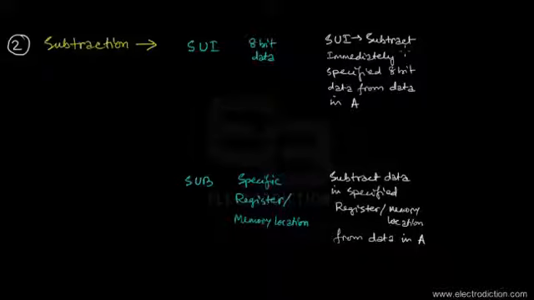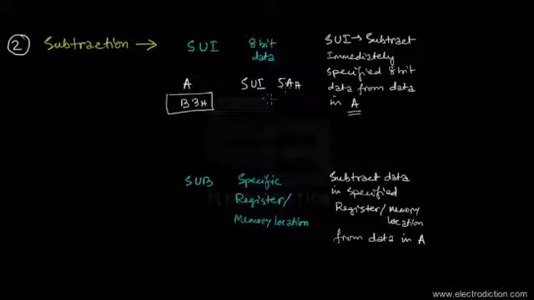As the description over here says, subtract the immediately specified 8-bit data from the data in the register A, that's the accumulator. Let's say the accumulator has data of B3H, and you write an instruction SUI and specify 5AH.